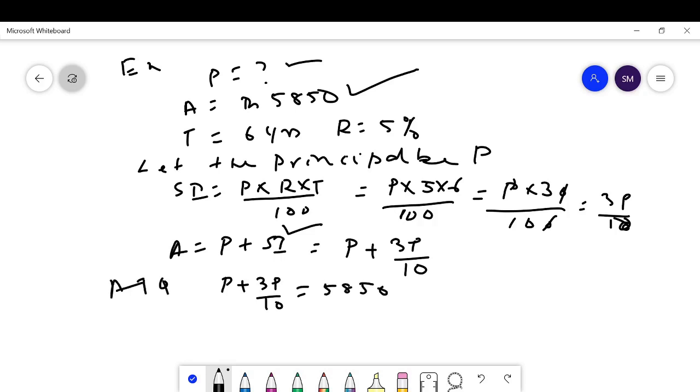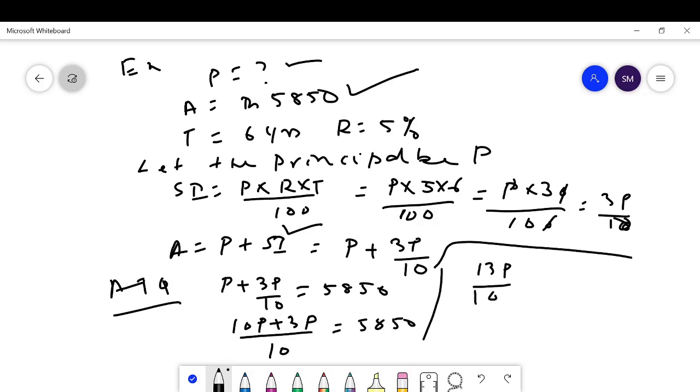Then in the LHS take 10 as the LCM. This is 10P plus 3P, 13P upon 10, is equal to 5850. Then P is equal to 5850 into 10 upon 13.